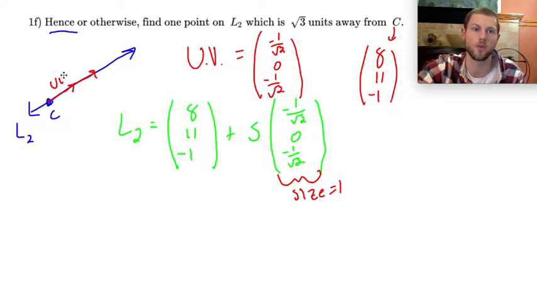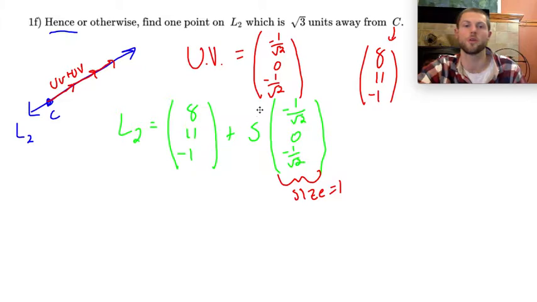So here's 1 unit vector, and here's another unit vector. So I would use a 2 for my scalar value s, which would mean that I'm adding a size of 2 to this position vector here. If I wanted to go 3 units out, this would become 3, and so on. So basically, what's nice about this equation is I'm just adding unit vectors depending on whatever my parameter s is.